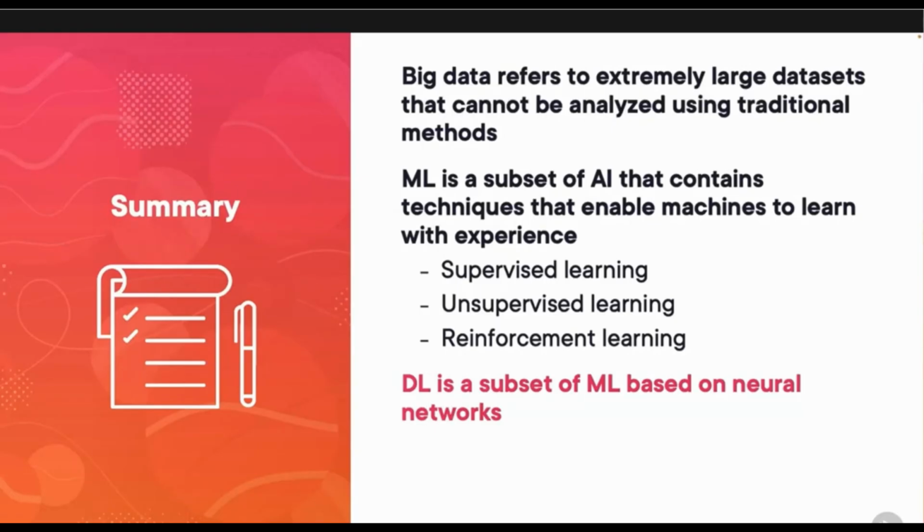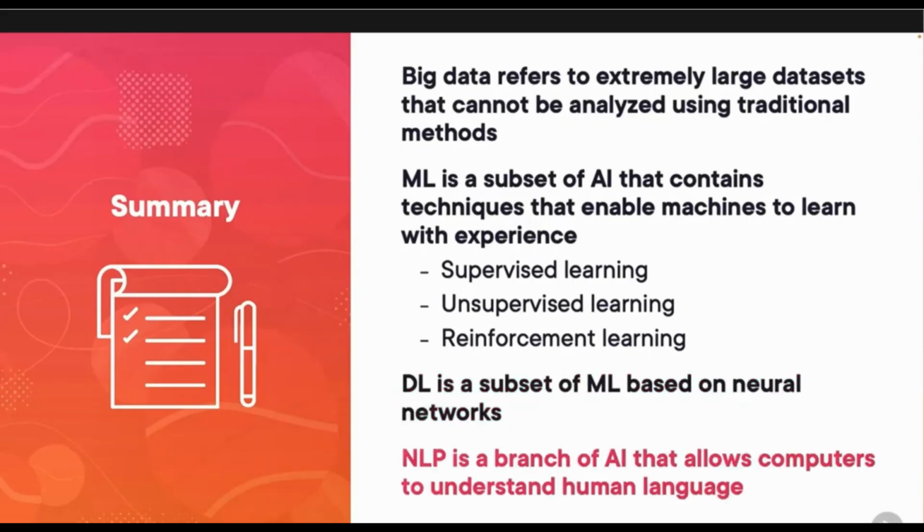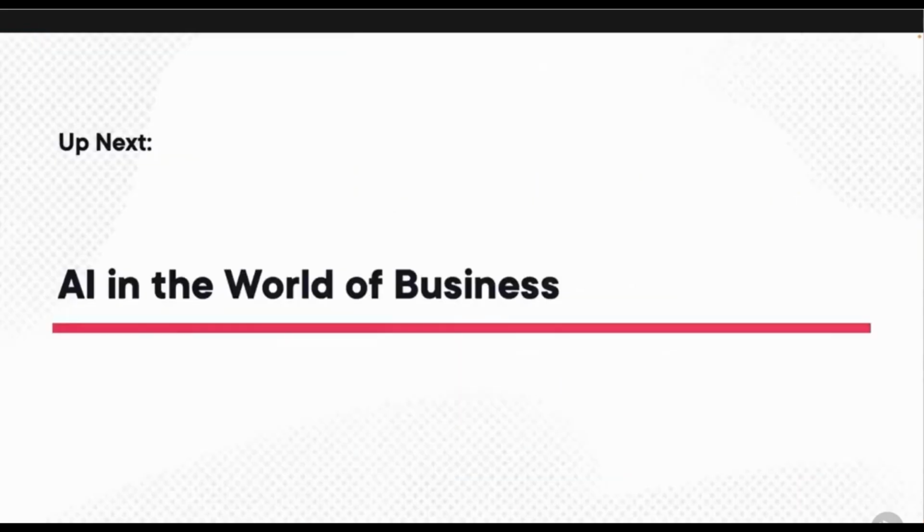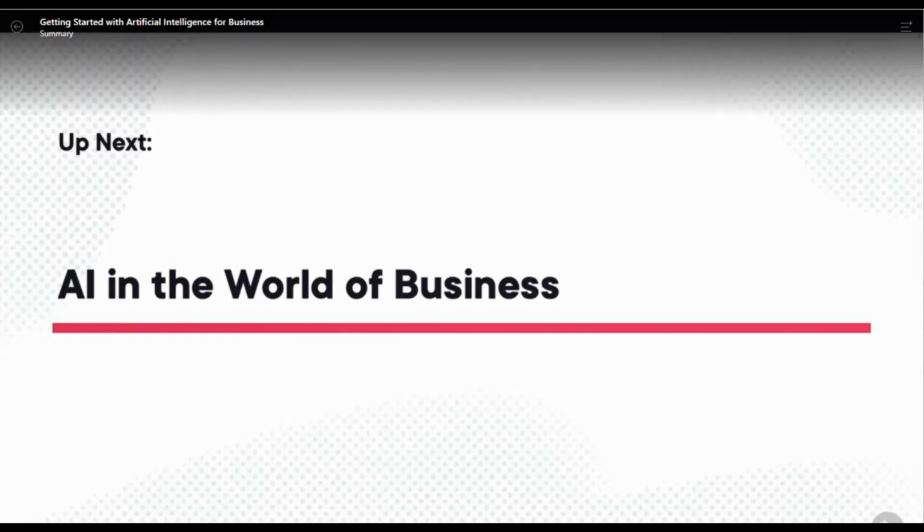We saw the importance of forward and back propagation in deep learning. Finally, we looked at NLP, or natural language processing, which is a branch of AI that helps computers to understand and analyze human language. Up next, in the final module of the course, we'll take a look at the effects of AI in the world of business.